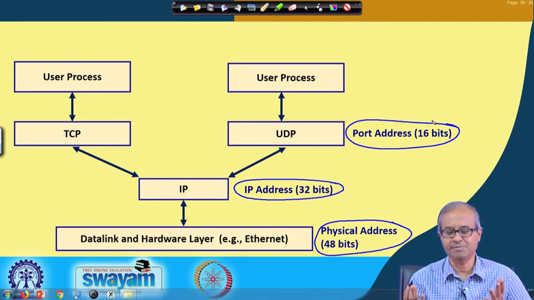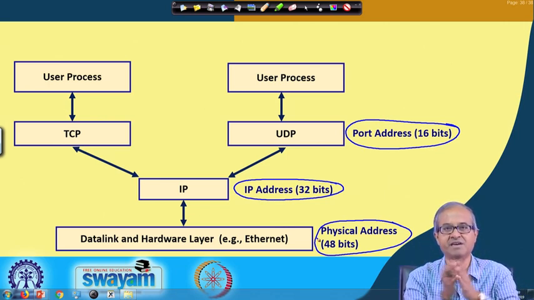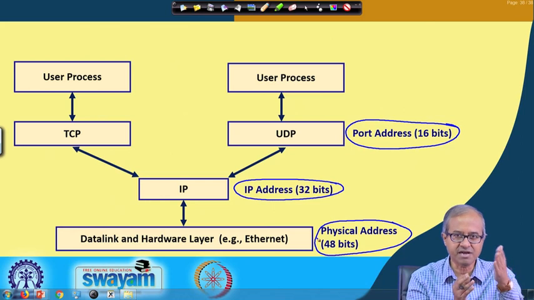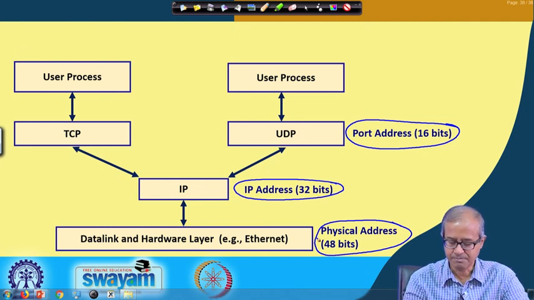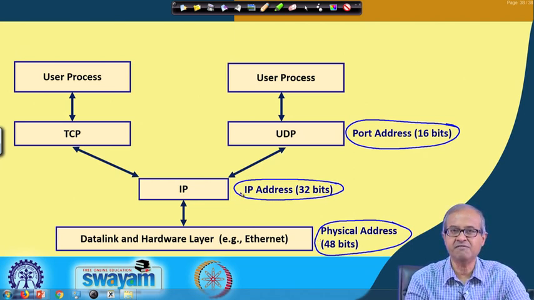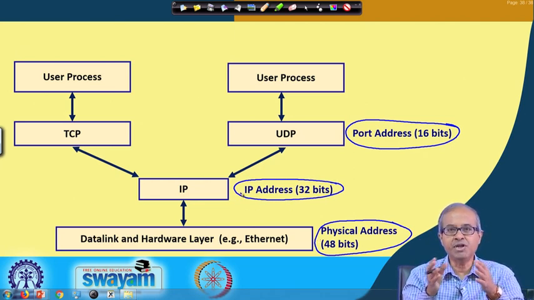So, again just repeating, physical address ensures uniqueness of the network interface cards. Every network interface card you plug into your computer will have a unique 48-bit address. At the IP address level, every computer you want to connect to the internet must have a unique 32-bit IP address.